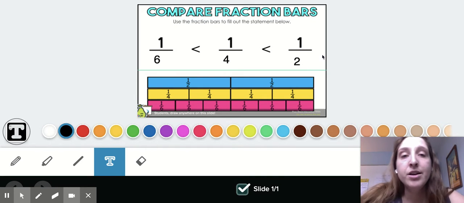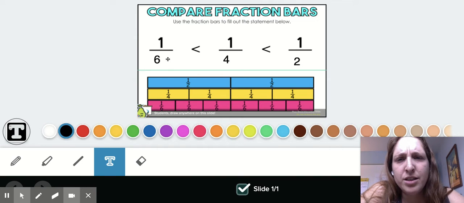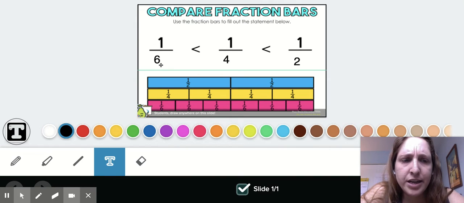That's really interesting. So I'm noticing that the denominator is 6 over here. Now, when the numerator was bigger, then that meant it was a bigger fraction. But it's the opposite this time with the denominator. When the denominator is big, like 6, that means that it makes smaller pieces, so the unit fraction is smaller. But then 2 is a very small denominator.